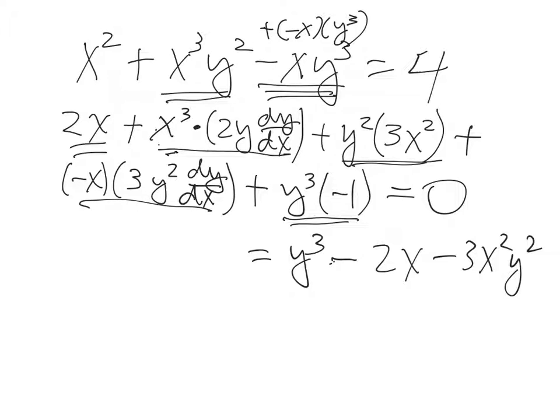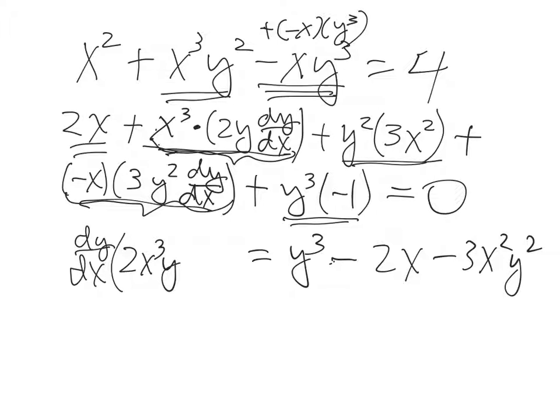Okay. And then our dy by dx terms, we can go ahead and factor out the dy by dx. And let's see, we'd have 2x cubed y minus 3xy squared.